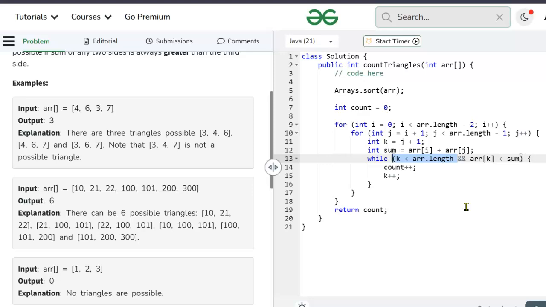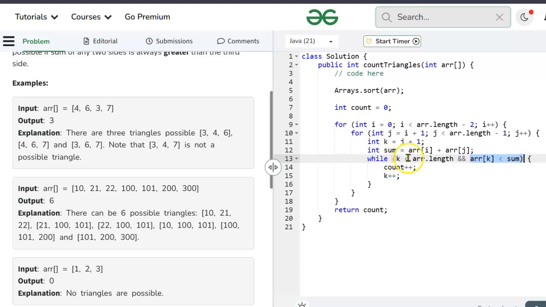Now, the good thing about this is that because the array is sorted, once we hit one number where array at k is greater than or equal to sum, we can stop, because all of the following numbers will be just as big or bigger, and they're not going to work either.